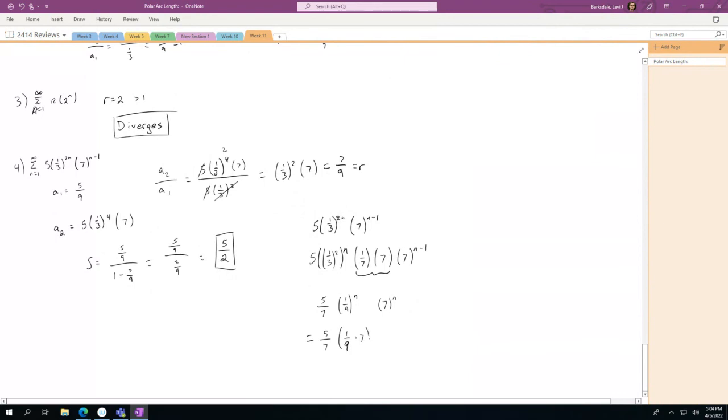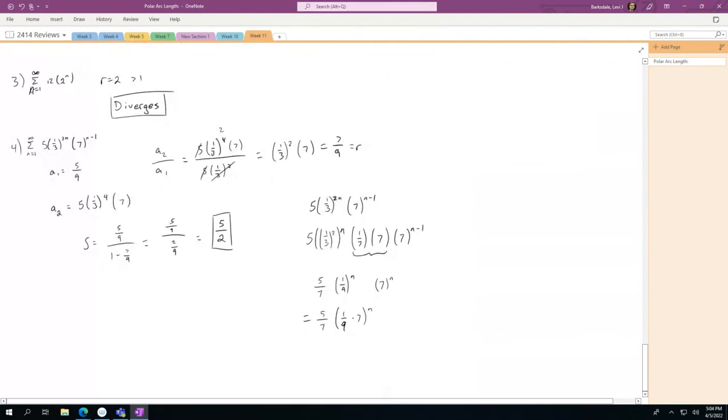Or sorry, that should be 1/9 times 7 to the n, which gets me 5/7 times 7/9 to the n. So I can rewrite my sum like that. And then it's pretty easy to immediately see what the ratio is.